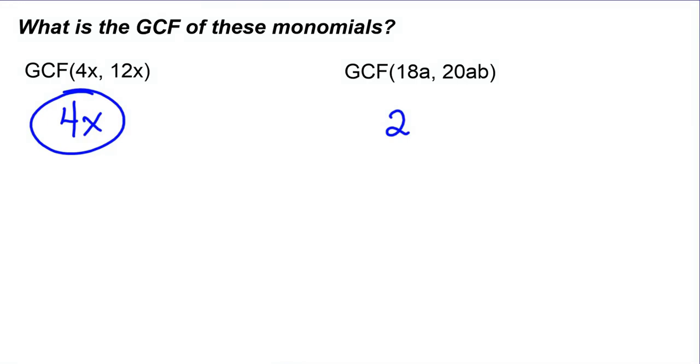And if we're looking at the variables, they both have an a. They're both being multiplied by a, so a is a common factor, but the first monomial is not being multiplied by b. It does not have b as a factor, so it's not going to be in the greatest common factor. So the greatest common factor of these two monomials is 2a.